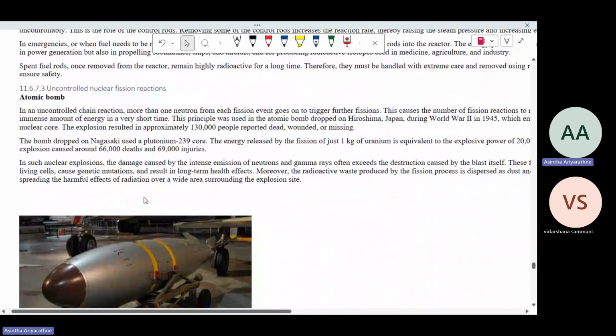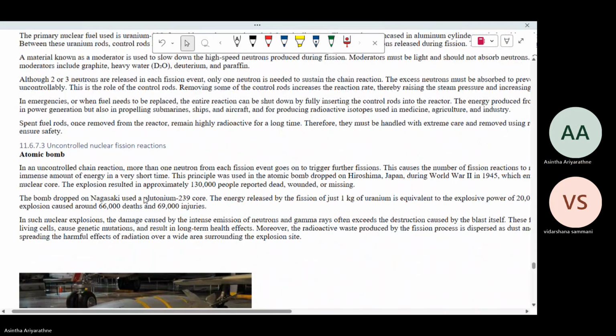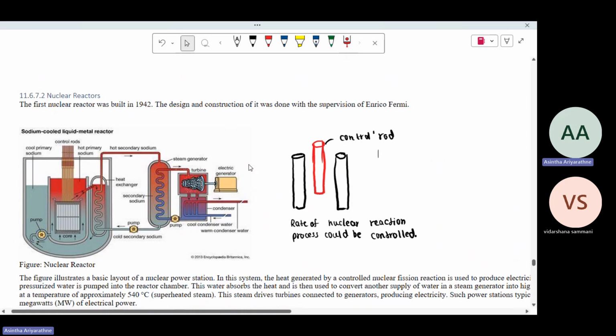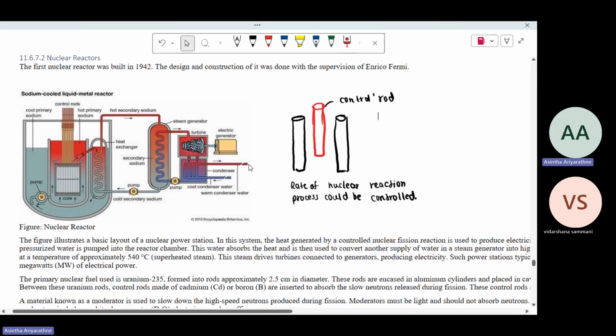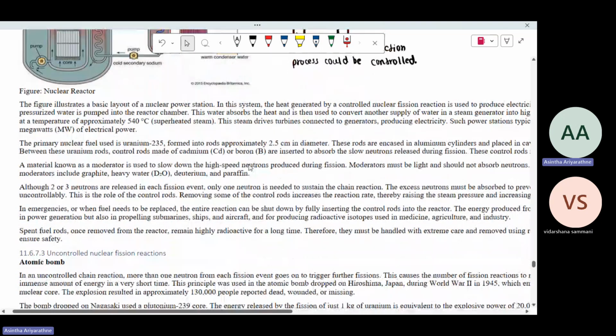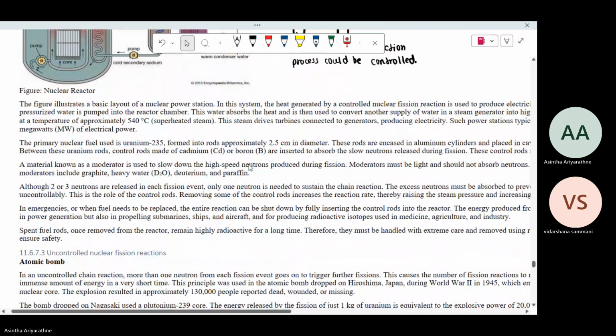If this fission reaction happens in a controlled manner using control rods, we can produce energy in nuclear power plants.